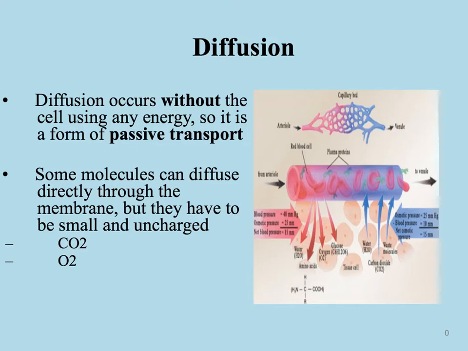And remember, the little spaces in between the phospholipids are relatively small, so particles have to be small in order to fit those little gaps. So carbon dioxide and oxygen can move directly through the phospholipid layer, and again, they're moving from an area of high concentration to an area of low concentration, so there is no input of energy in order for those particles to move.